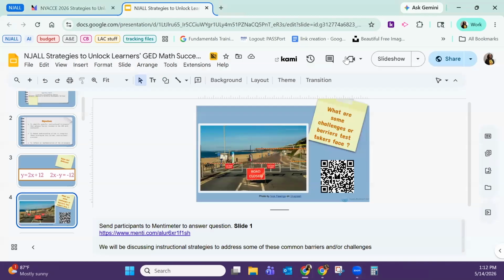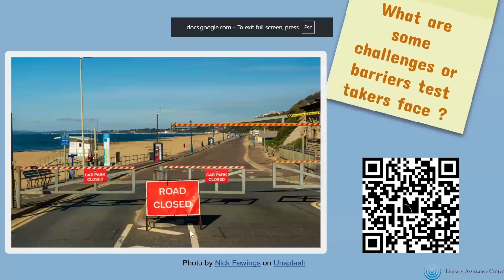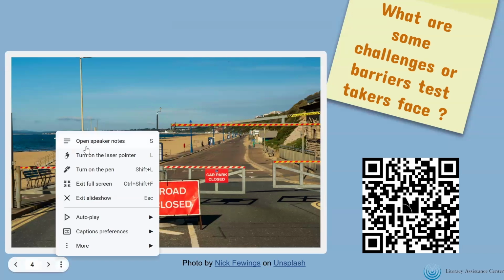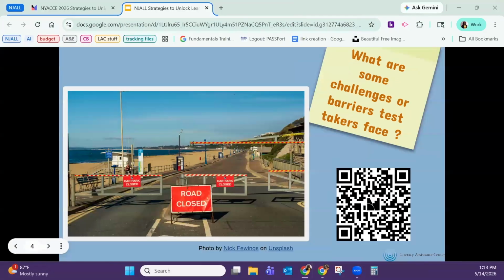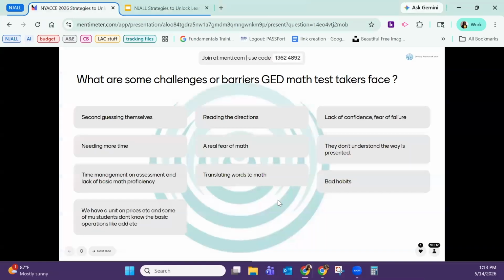I lost my notes, so I'm going to have to open that back up when I transitioned over to our Mentimeter. So some of the things that you all addressed, we can actually help deal with those challenges and barriers with the strategies we're going to share, particularly bad habits, fear, anxiety, lack of confidence, especially that one, time management, proficiency.